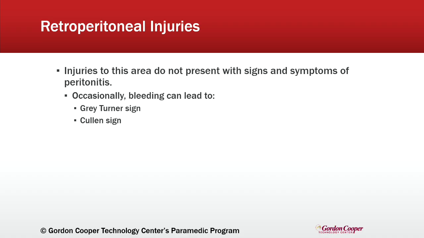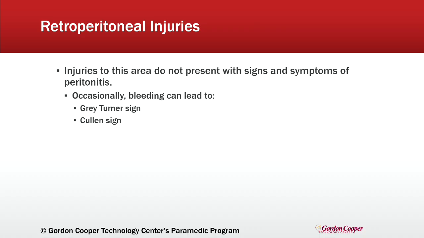The retroperitoneal cavity holds the pancreas, kidneys, major blood vessels, and part of the small intestine. Because of this, injuries to the area do not typically present with signs and symptoms of peritonitis, abdominal pain, and abdominal distension. Occasionally, bleeding in this area can lead to a Grey Turner sign or a Cullen sign.